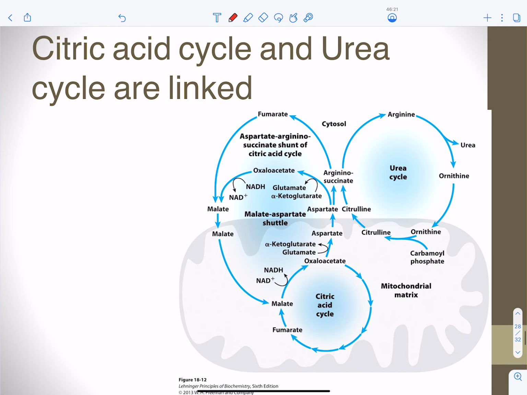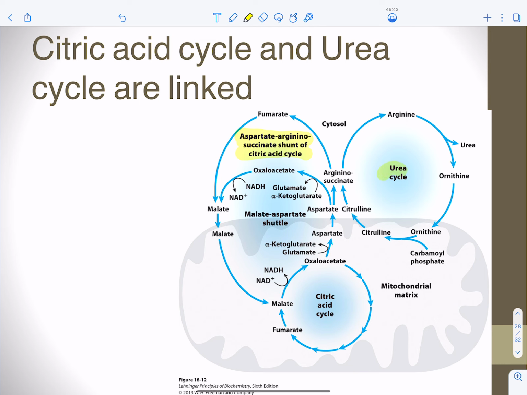Now, both the citric acid cycle and the urea cycle are going to be linked, and this is the aspartate-argininosuccinate shunt. Basically, this is linking the separate pathways in which the amino groups and the carbon skeletons of the amino acids are being processed.